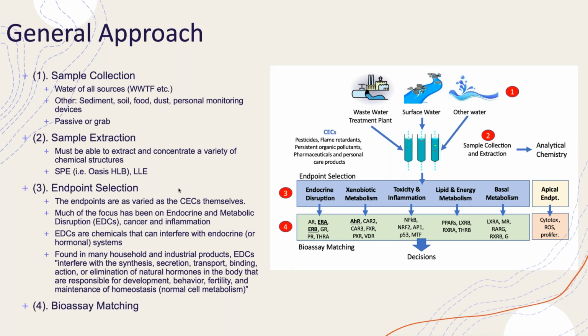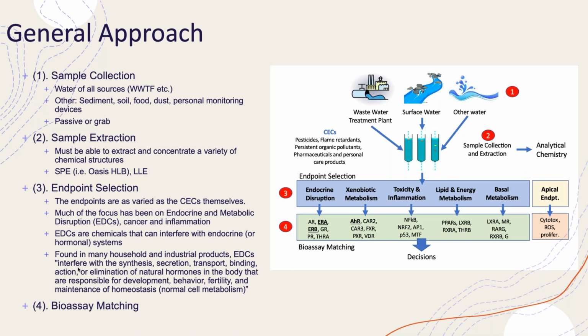And endocrine disrupting compounds are defined in many cases as these contaminants of emerging concern. They can be household products, they could be from industry, they could be from agricultural activity, pesticides, etc. And they're basically just defined as chemicals that interfere with the synthesis, secretion, transport, binding, elimination of natural hormones.